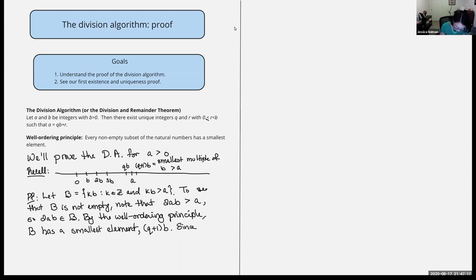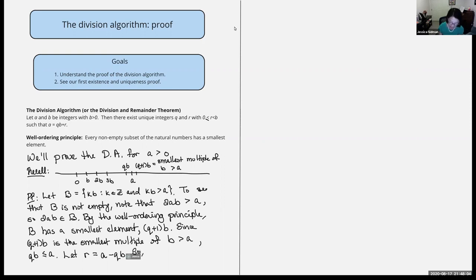So now since (Q+1)B by definition is the smallest multiple of B that is greater than A, QB has to be less than or equal to A. So QB is less than (Q+1)B, so it has to be less than or equal to A. And now I'm going to say let R equal A minus QB, okay?